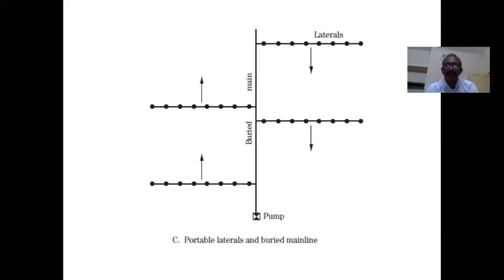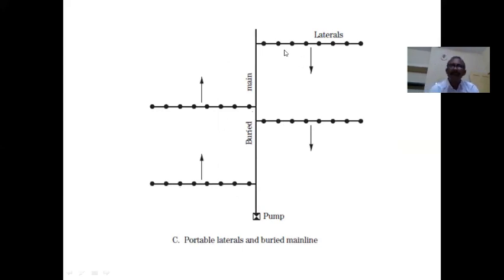Here another thing is the main is buried. The main is buried, and laterals are operated, and laterals are movable and portable. This is the system we have in Kumalur College.